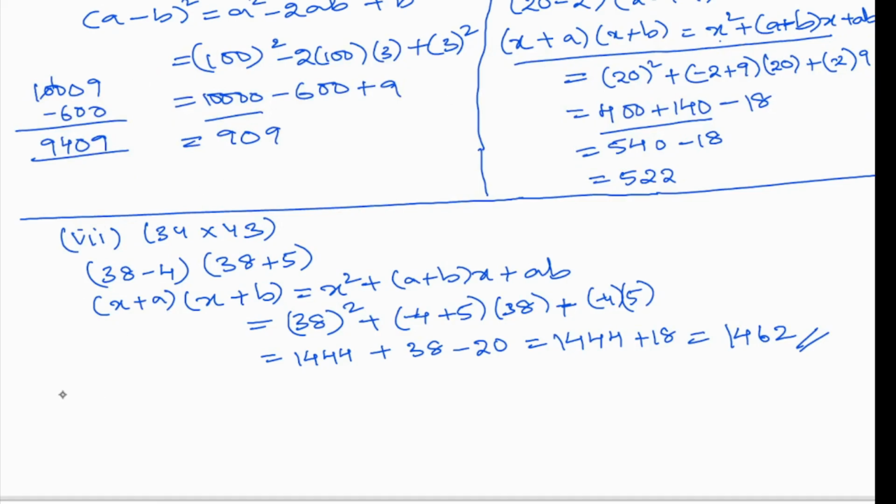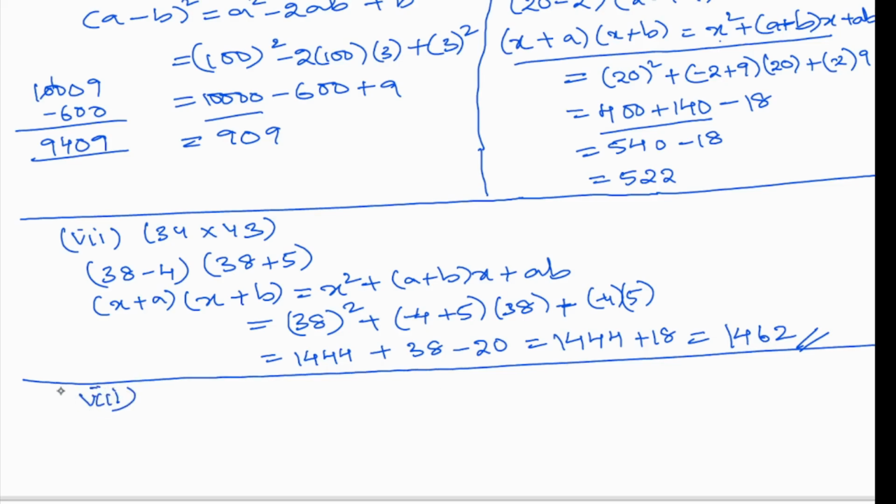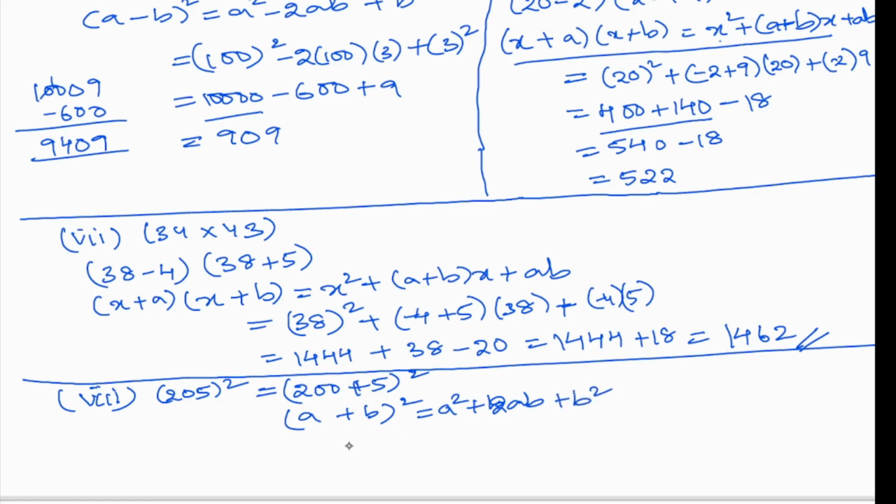And the last one is 205 whole square. This can be written as (200 plus 5) whole square. So the formula is (a plus b) whole square, which is a square plus 2ab plus b square.